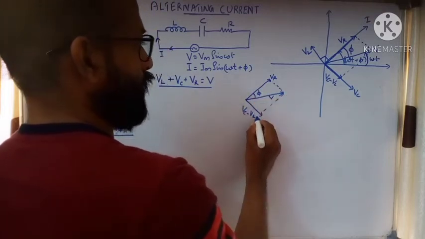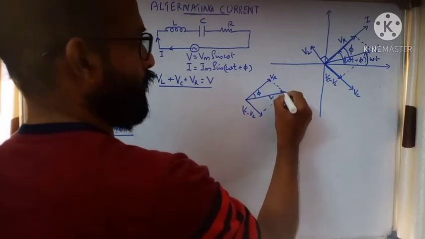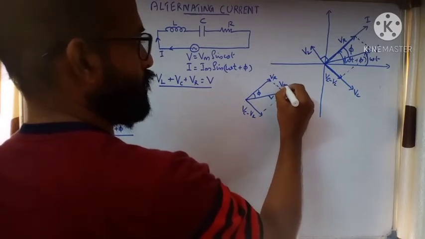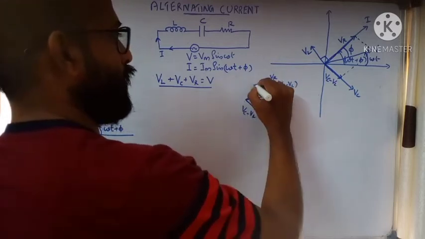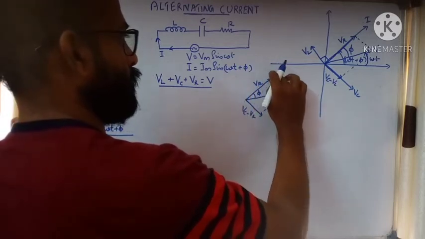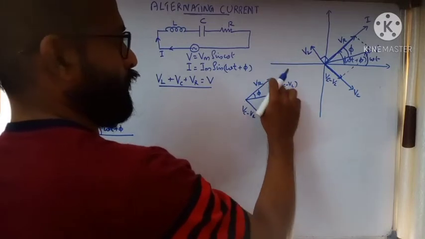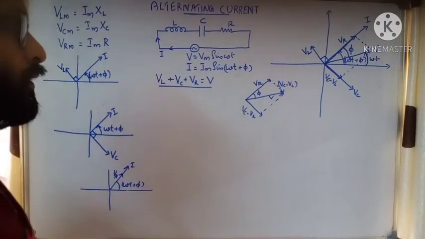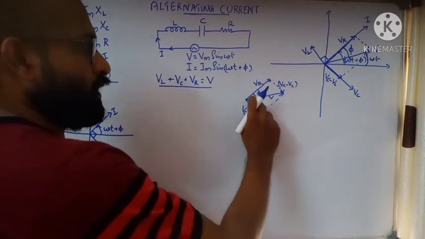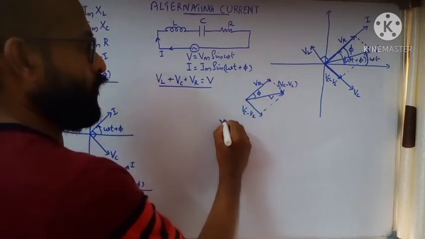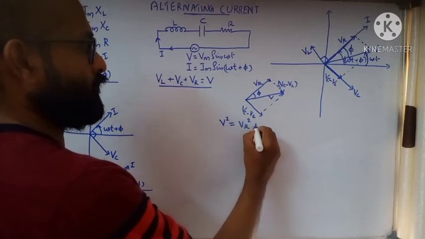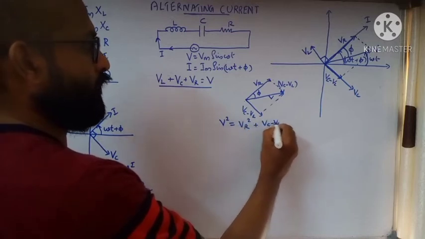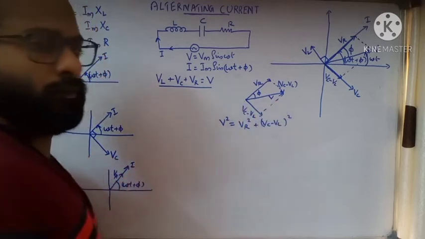This vector is also Vc minus Vl. These two are perpendicular to each other. What is the resultant V? I can say V square is equal to VR square plus Vc minus Vl the whole square.